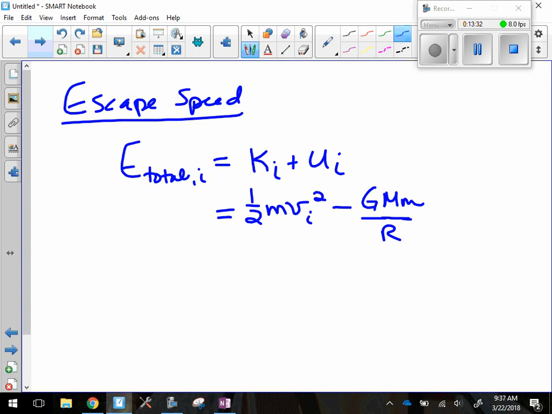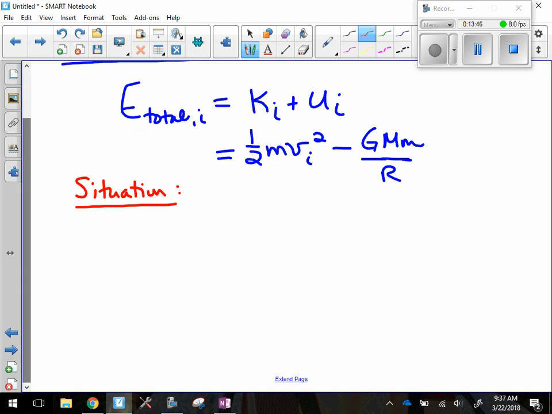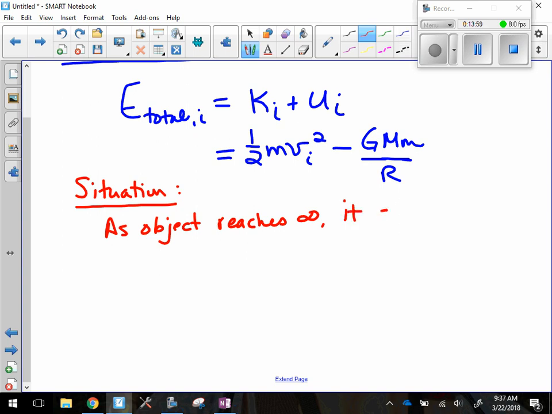So when we talk about escape speed, we're going to talk about a very particular situation. And the situation is, as the object reaches infinity, it glides to a stop.